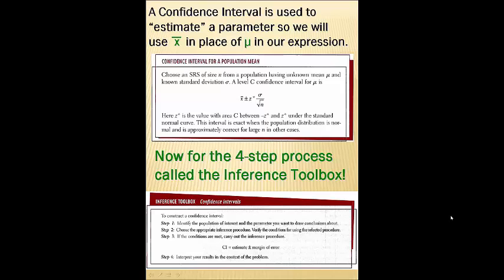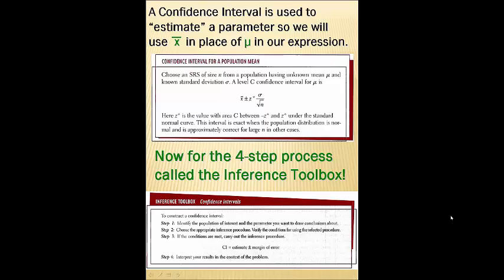Now, with a confidence interval, we want to remember that we're using it to estimate a parameter. When we look at the formula for a confidence interval, it's x bar plus or minus z star times sigma over the square root of n. Right now we're being given sigma, which is a parameter, the population standard deviation, and very shortly we're going to move away from that because ideally we're not going to know that one either.